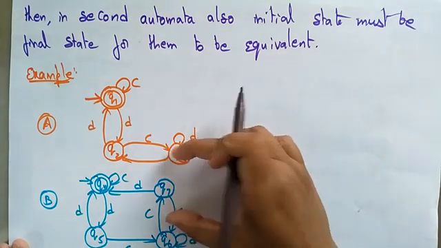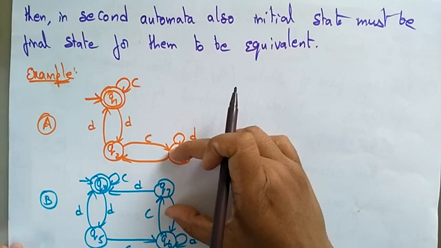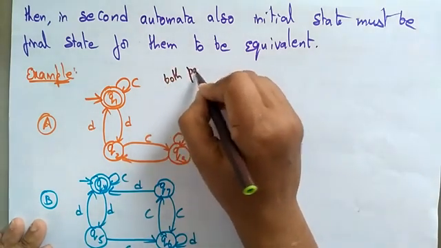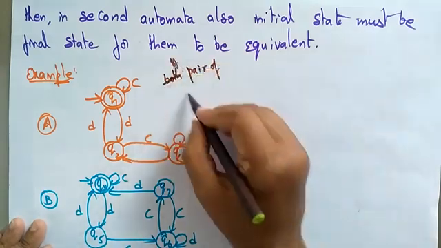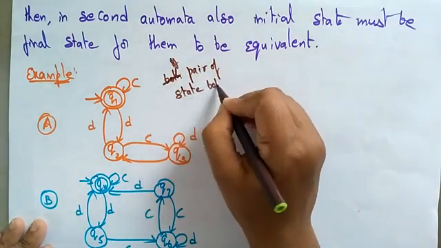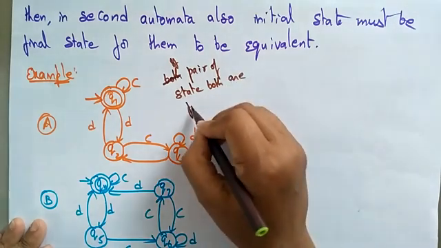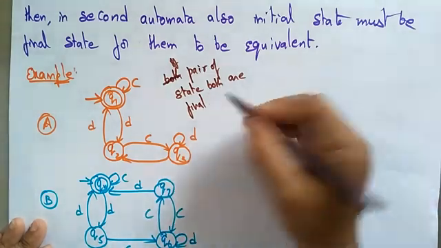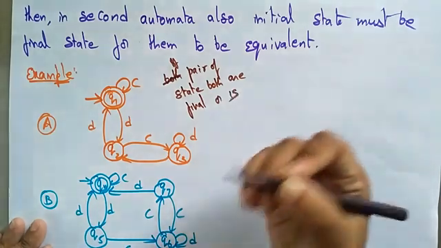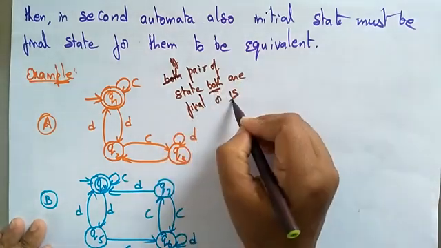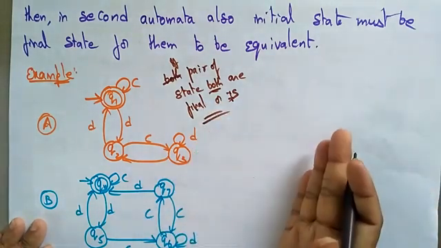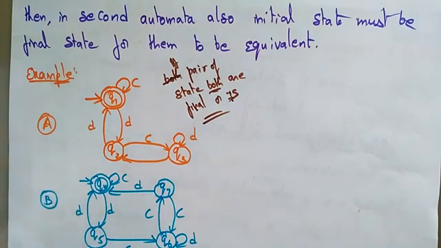They are equivalent when, for every pair of states, both are holding final states or both are holding intermediate states. If one is final and the other is intermediate, then the two automata are not equivalent.